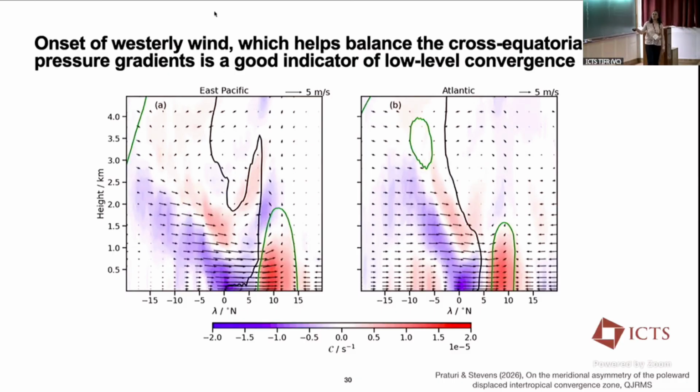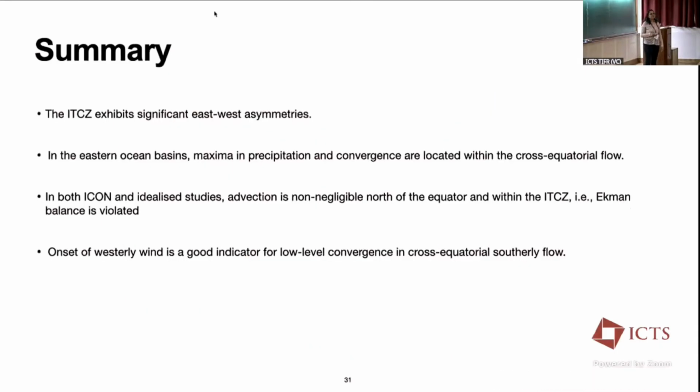Of course, it works better in the East Pacific and Atlantic, and there are some differences that depend on the sea surface temperature distribution. But that summarizes my talk. We saw that there are east-west asymmetries in the ITCZ, and we cannot really ignore them if we want to understand what is happening locally.